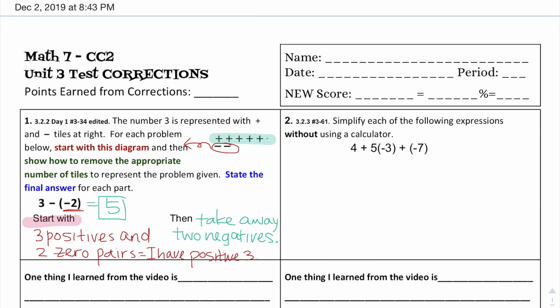And then when you take away the 2 negatives, you're left with positive 5. Okay. So stating the final answer for each part, done. Showing how to remove the appropriate number of tiles right here, done.